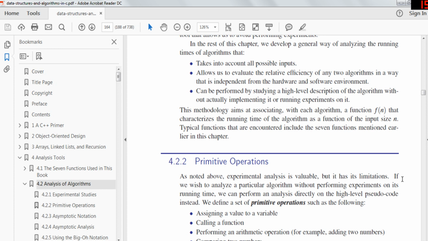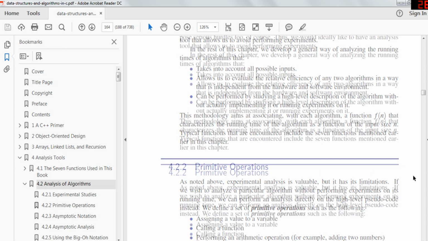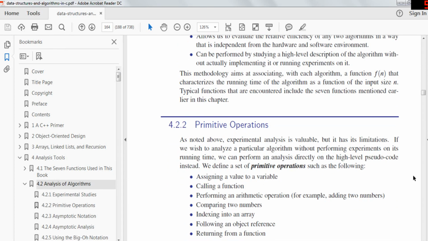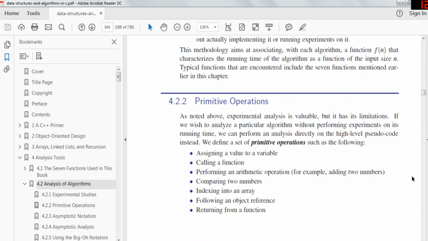Normally, the functions that are encountered include the seven functions mentioned earlier in this chapter. Here are some primitive operations. As noted above, experimental analysis is valuable but has limitations. If you want to analyze an algorithm without performing experiments on the running time, you can perform an analysis directly on the high-level pseudocode instead.